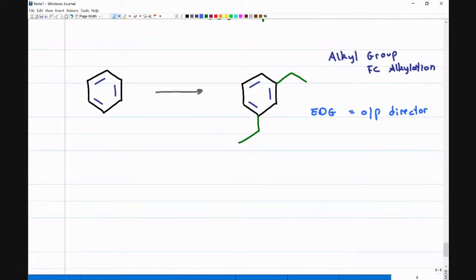This is a trick question, and this is what professors love to test you on. If it doesn't look possible to do this the way it is, ask yourself, is there another molecule I could have formed that looks kind of like this, but will have a meta-directing effect that I can then turn into this molecule? Well, yes, there is.